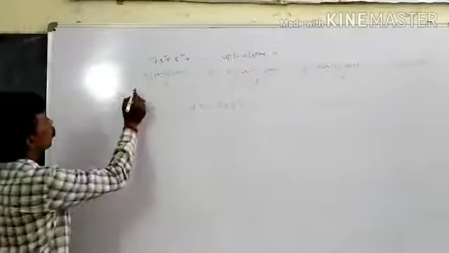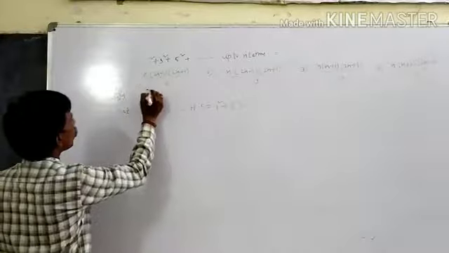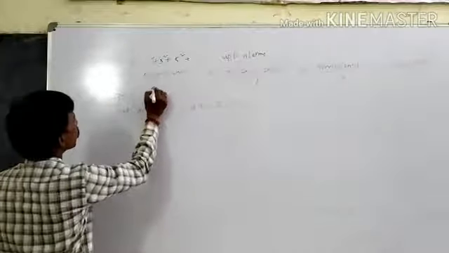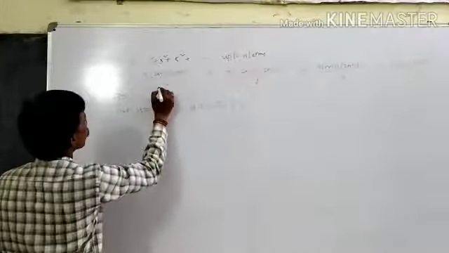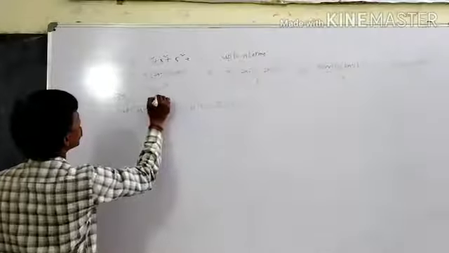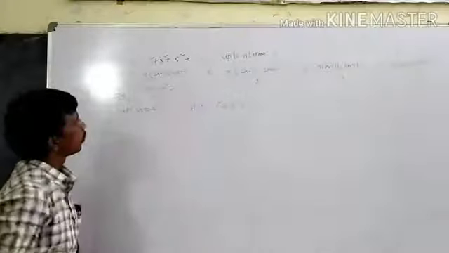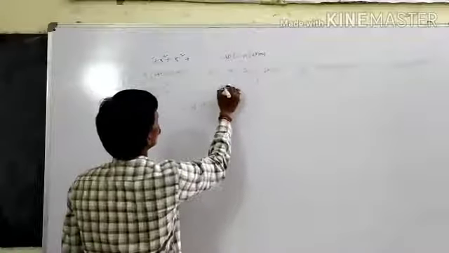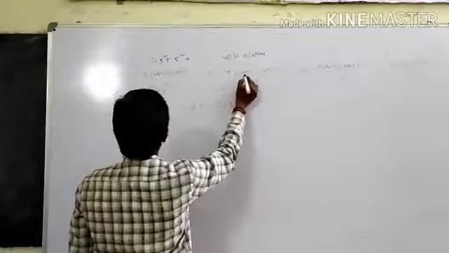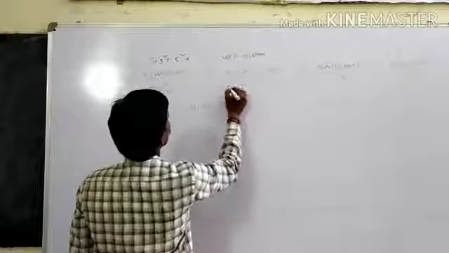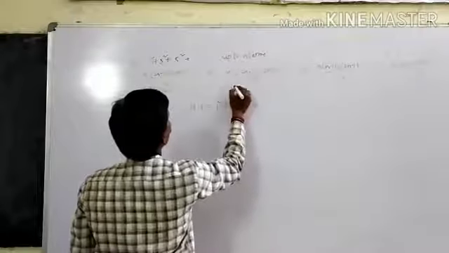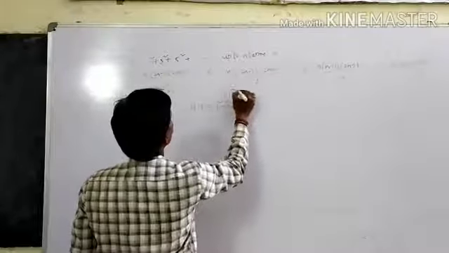If n equal to 2, first option: 2 into 4 minus 1, 3, 4 plus 1, 5, by 6. It is 5. Second option: 2 into 3 into 5 by 3 is 10.